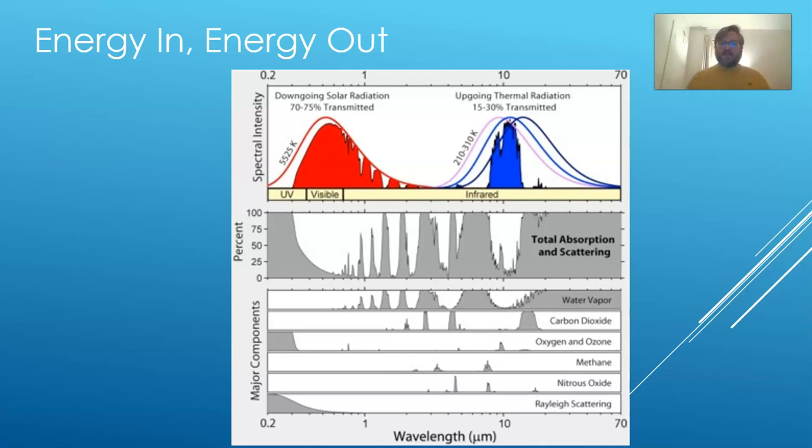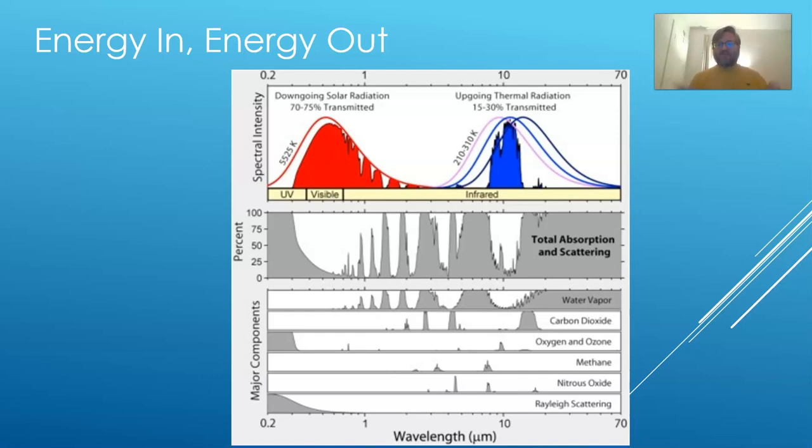And if we focus on that outgoing, the blue section there, what we see is that nice blue line, that curve, that shows what the Earth should be radiating out. Then the jaggedy part inside that shows the actual amount of energy at each wavelength that is leaving the Earth.